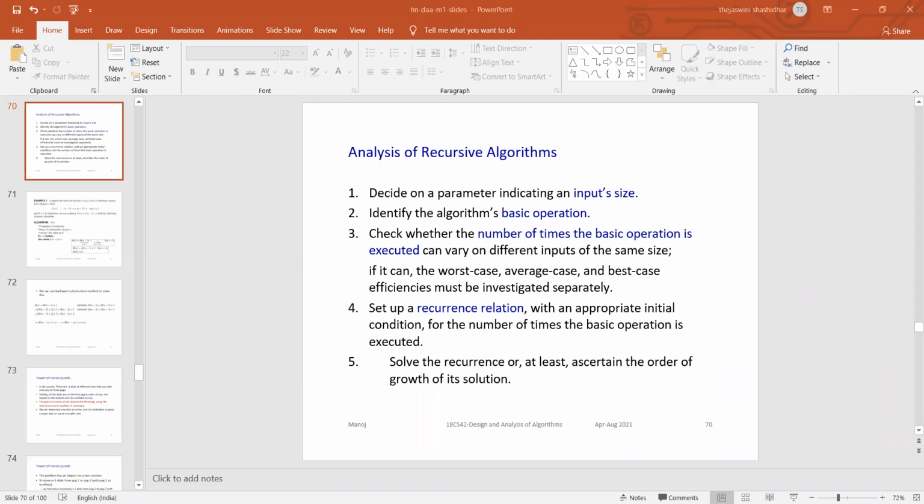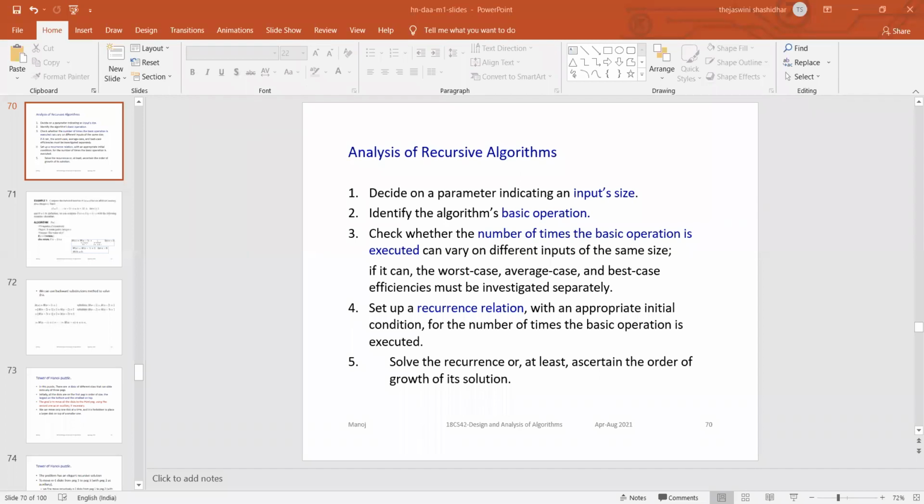Answer it soon: what is the input size for the factorial? Okay, the input size is n.